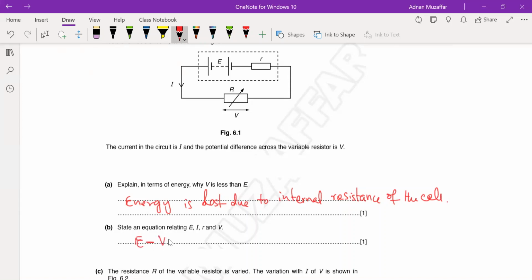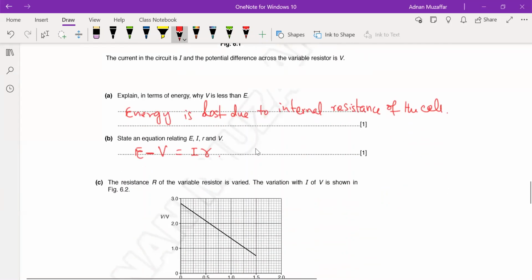E minus V is equal to IR. You can just write like this. Or you can write it this way: E minus V over I equals R. So whichever way you can write it.